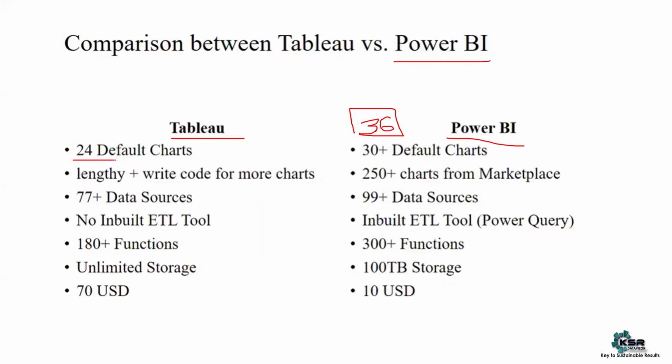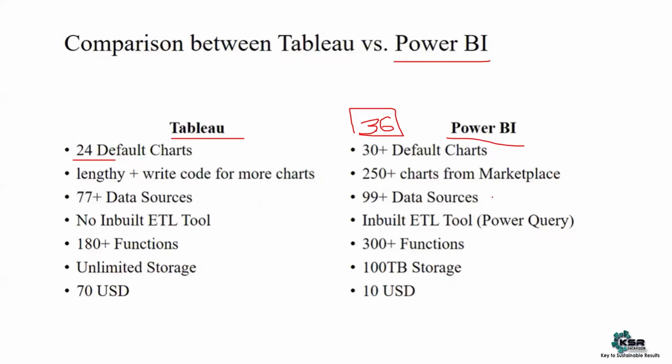Now, if you want to create any chart or visual in Power BI, you just have to drag and drop. It is the same case in Tableau also. But while getting any specific information loaded to a Tableau chart or visual, you need to certainly write some set of code, which is not compulsory in Power BI.